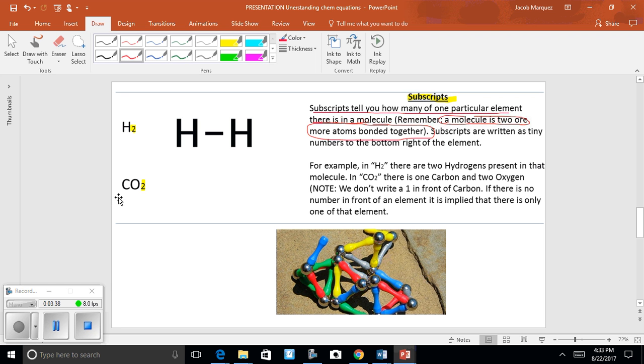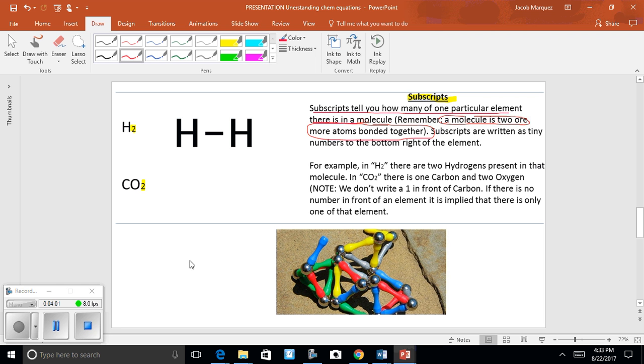Okay. Now, what situation do we have here? We have the element carbon and the element oxygen, and there's a little 2 next to the oxygen. Okay, so we know that that subscript tells us how many oxygens are in this molecule. There's 2 of them. But what about carbon? There's no number there. Well, if you don't see a number next to that element, you can automatically assume that it's just 1.